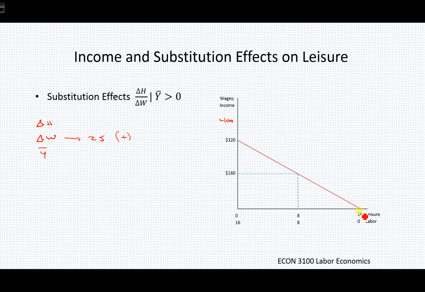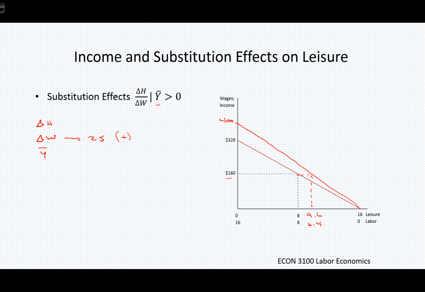It's going to go from 0 to 400, which means that we're going to see some kind of a change in our leisure hours if our income is staying constant at the 160. So it's going to reduce us here actually to 9.6 hours of leisure, or 6.4 hours of labor. I believe that's the trade-off.